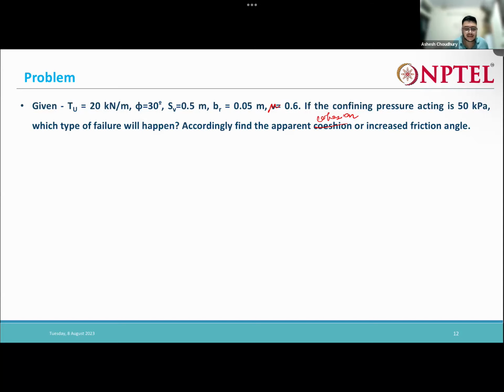Same as the previous one. Sigma 3 is mu, 1 minus twice.